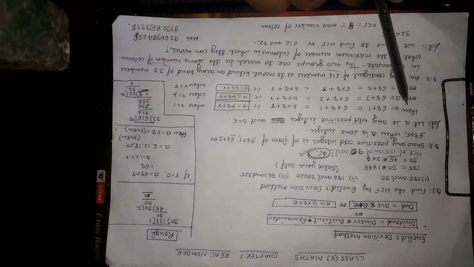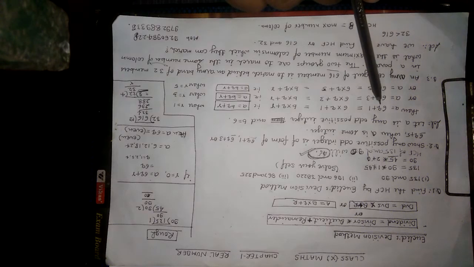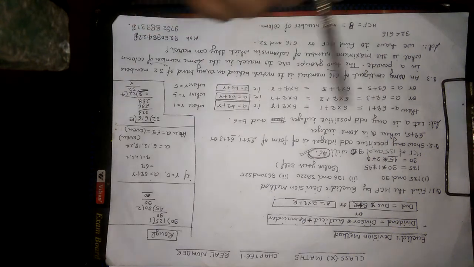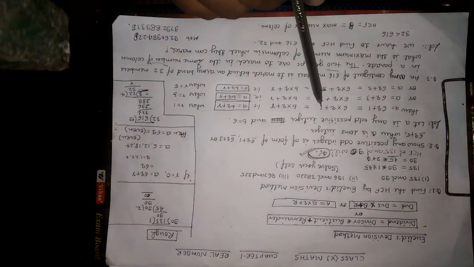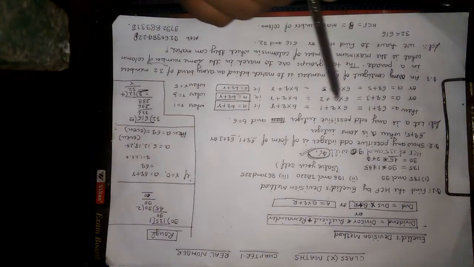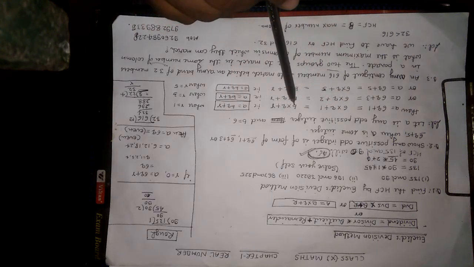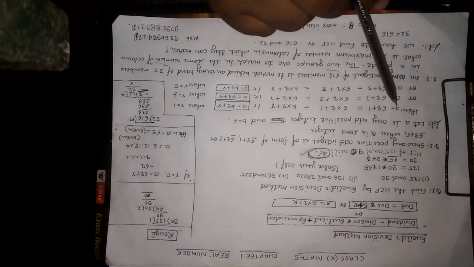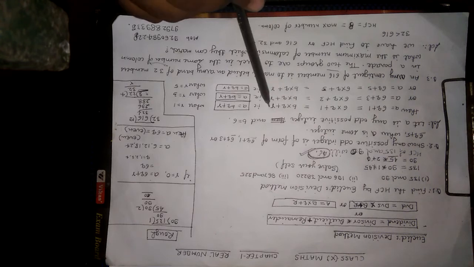So if a is equal to 6q plus 1, that is 6 into q plus 1. We consider that b is equal to 6, then we put 6 equal to b, it will be bq plus r. So what will you get? a is equal to bq plus r.